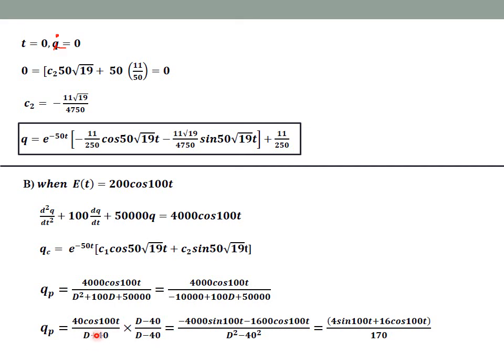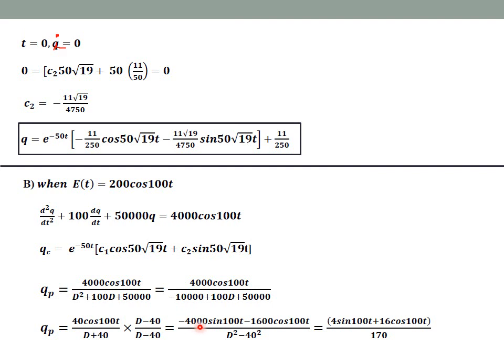Now d is there here, you cannot replace d by 100, because whenever cos or sin is there in the numerator, this is a type 2 problem, you have to replace only d square by minus a square. So in order to get d square here, what should I do? We have to multiply and divide by the conjugate. Conjugate means you change the sign of one term, so plus 40 I changed to minus 40.